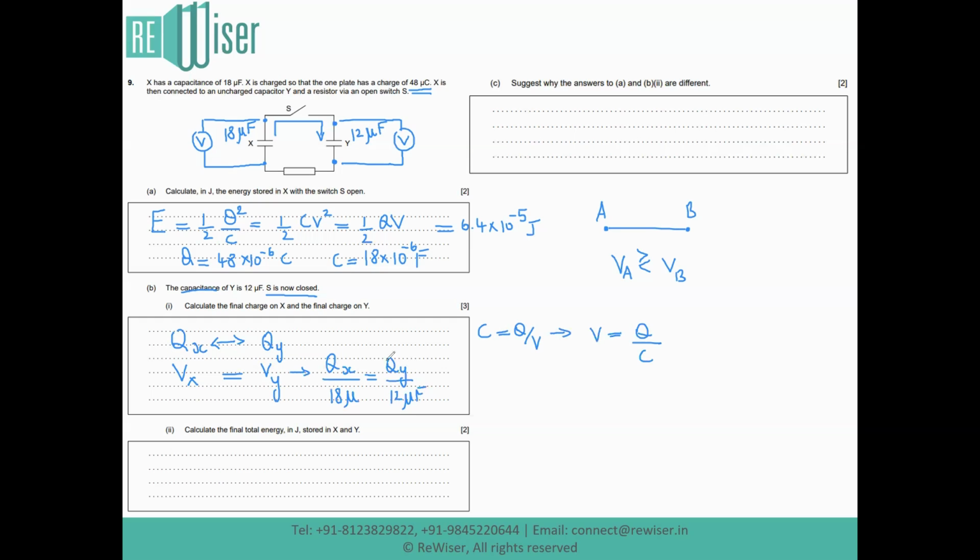We also know for a fact that the total charge is nothing but the charge that was initially on capacitor X, which is 48 microcoulomb.